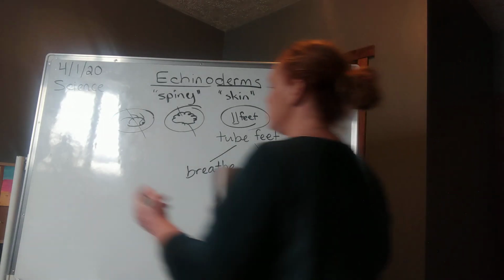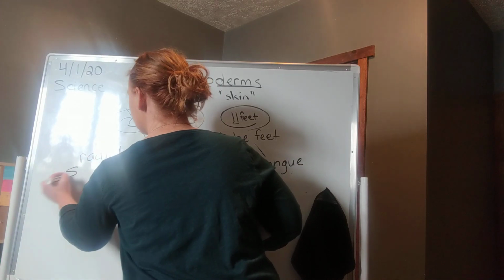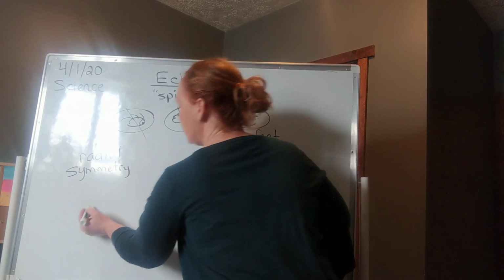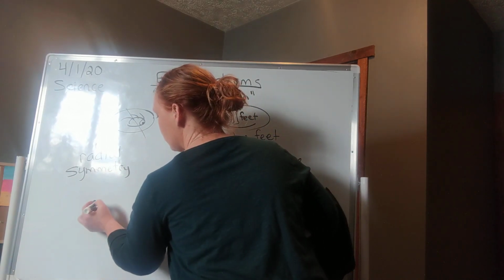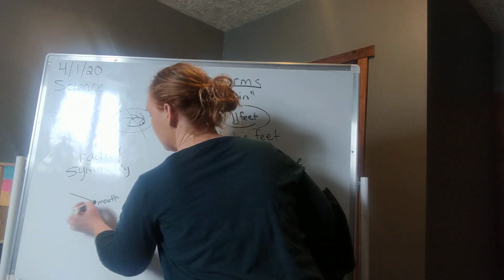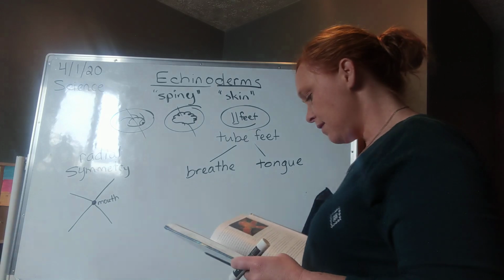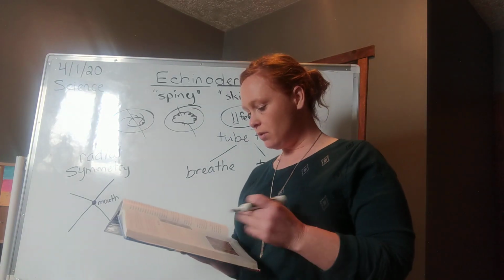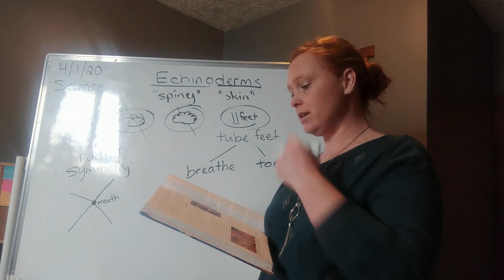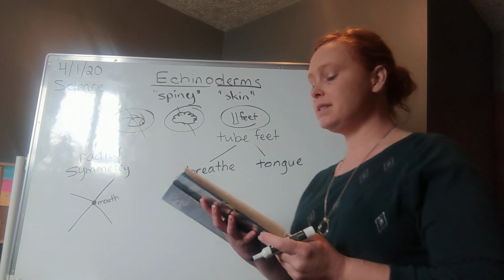So, by radial symmetry, what we mean is if it has a mouth in the middle, and then everything else radiates out from there. Okay? In the case of the sea star, you can see one on that page that has the 5, and then you see that in the middle is where its mouth is. Okay? We're on page 174.